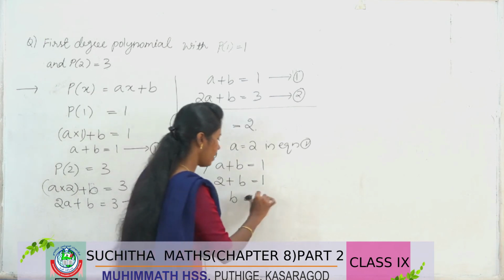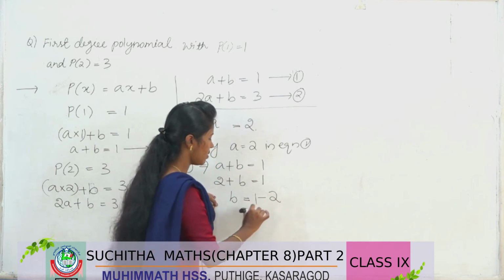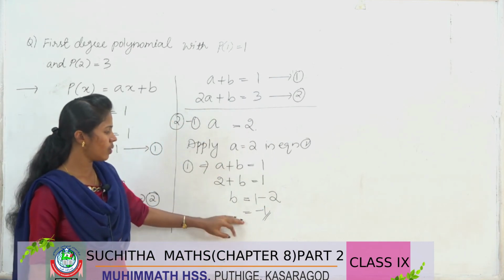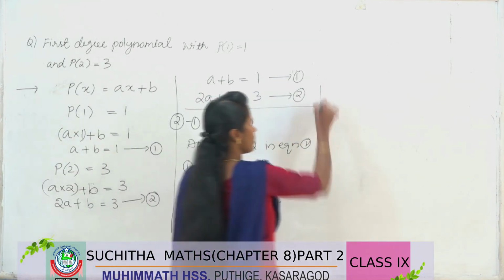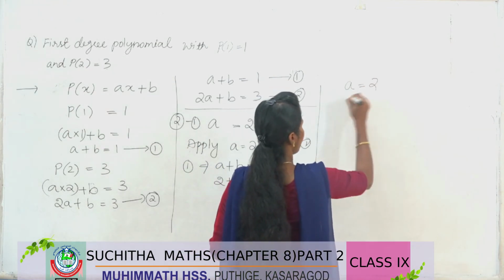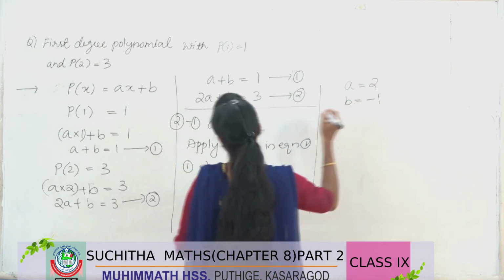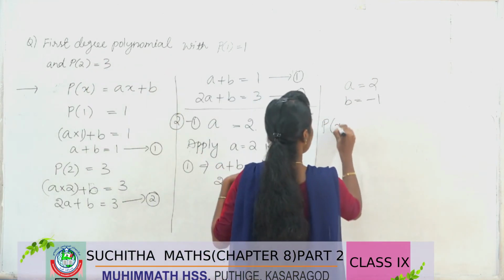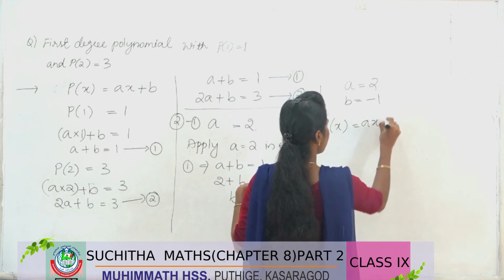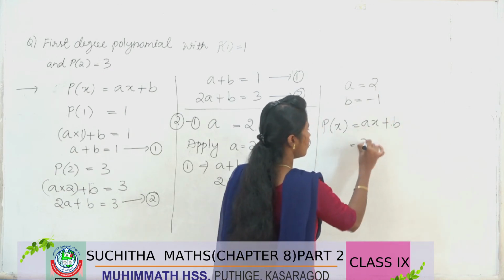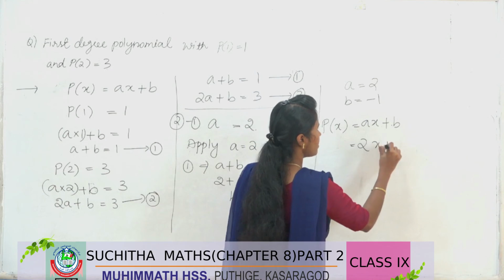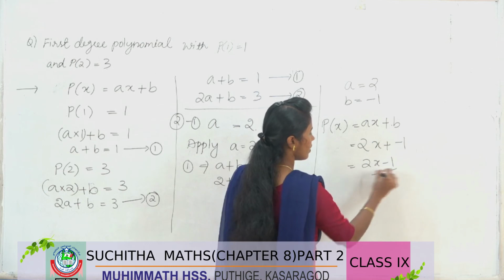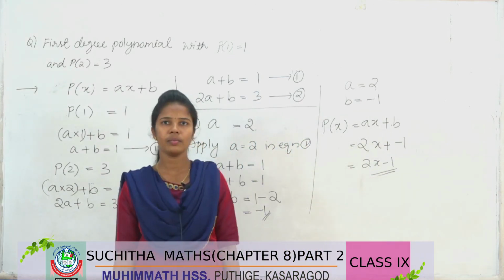So plus 2 becomes minus 2. So 1 minus 2 is minus 1. So value of a is 2, value of b is minus 1. Therefore, the first degree polynomial is P of x equal to ax plus b. So a is 2, b is minus 1, that is 2x minus 1 is the first degree polynomial.